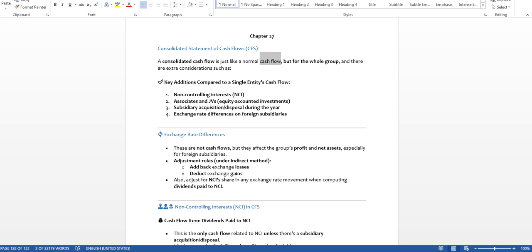What are the elements, please? Asset, liability, and equity. Now, the asset is divided into two, the liability is divided into two as well, and then we have equity.